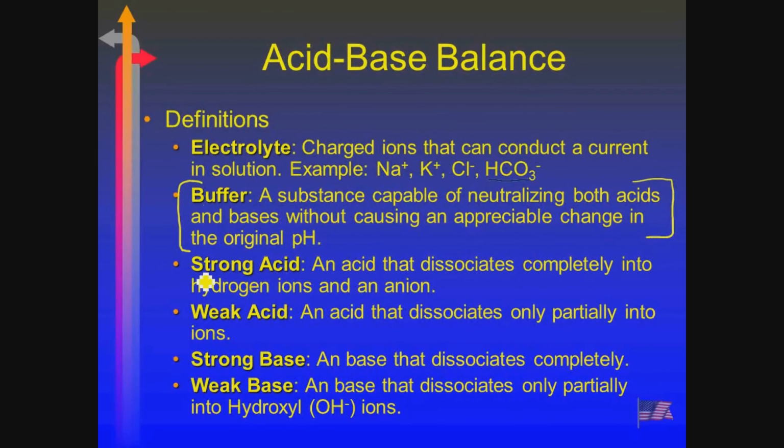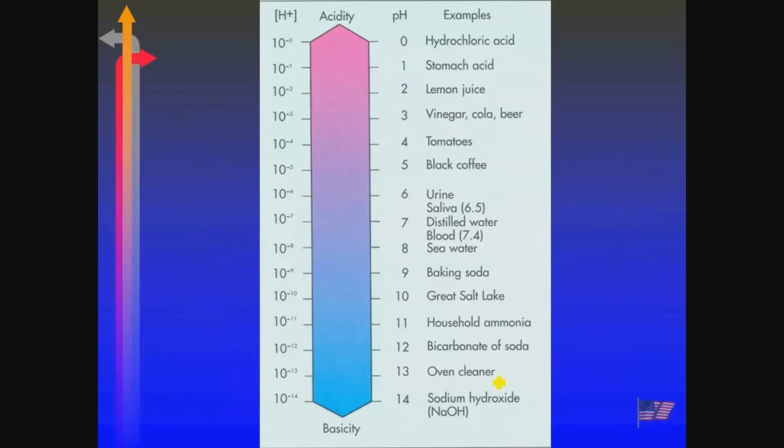A strong acid is defined as one that dissociates completely when placed into water. A weak acid is one that only dissociates partially. I'll show you a picture. And we could have the same thing with a strong base and a weak base. As far as pH is concerned, 7.0 is normal distilled water.